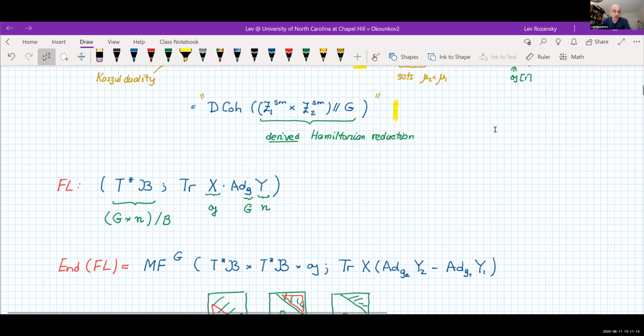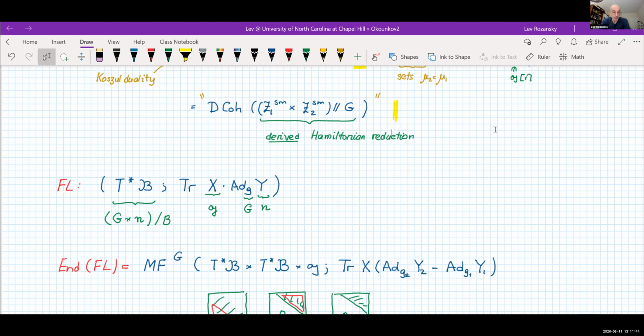So the object that we use for braids to represent affine braids is of this special type. It's the cotangent bundle to the flag variety. So very explicitly, you parameterize the cotangent bundle by a group element, which tells you how the flag is oriented up to Borel, and a nilpotent matrix, which is in the cotangent fiber.